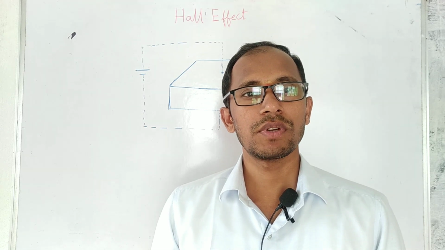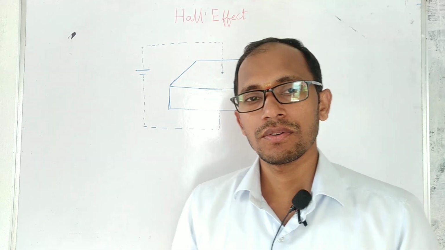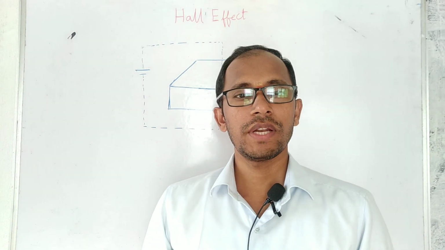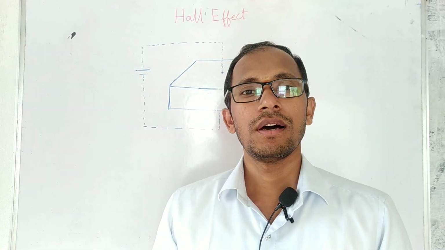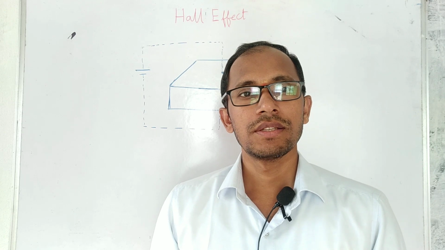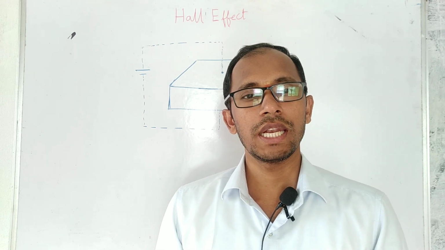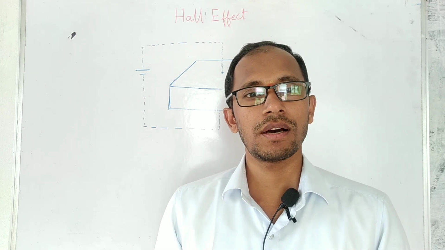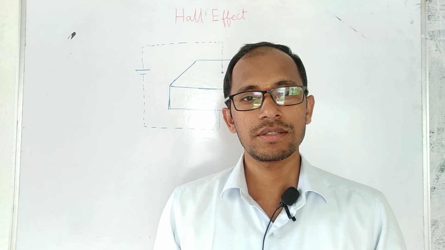This is what the Hall effect actually is. Further, we will explain the Hall effect in the case of conductors and semiconductors, how the Hall effect arises, and what its applications are, that we are going to discuss today.